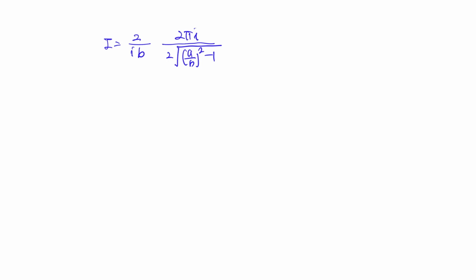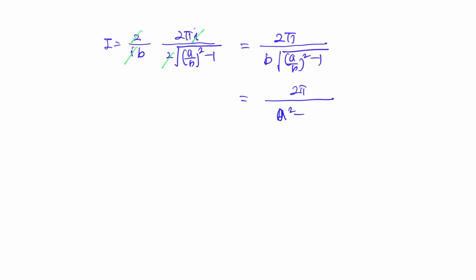So this i cancels, these 2 cancel each other, and it becomes pi over B times the square root of (A over B) squared minus 1, which equals 2 pi over the square root of A squared minus B squared. So Cauchy obtained this.